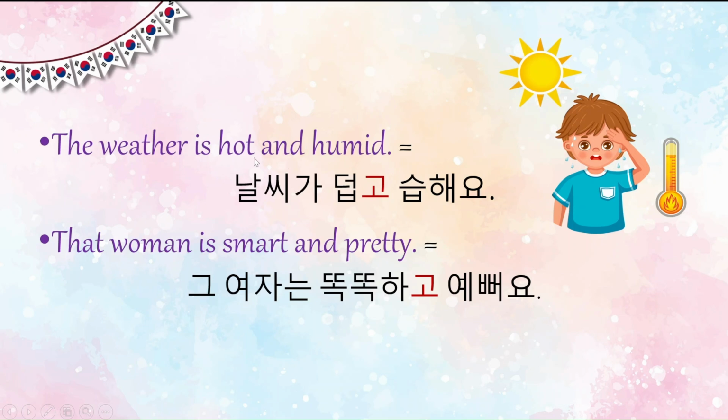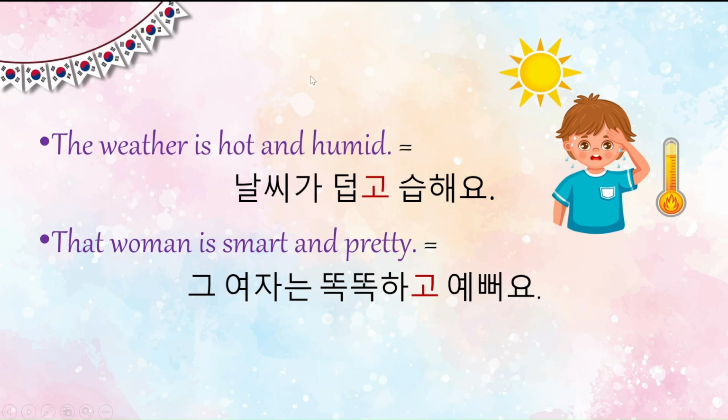Hot and humid both are adjectives. So what you did is you linked two adjectives using this particle, and you can think of it like this: that you linked two different clauses or sentences into one sentence. The weather is hot, the weather is humid. One sentence, the weather is hot and humid. Okay? Think of it this way.